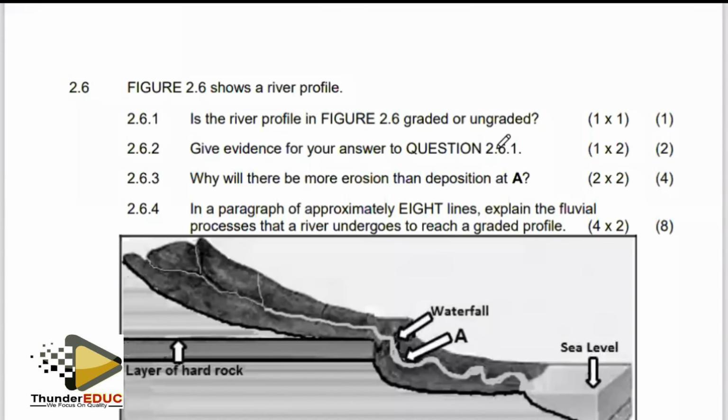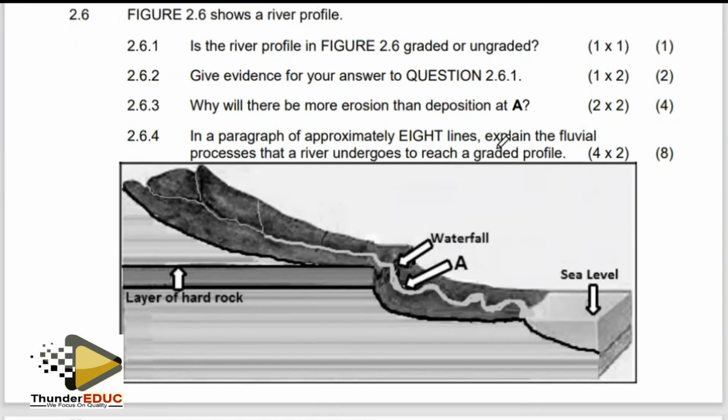So question 2.6 says, figure 2.6 shows a river profile. All right. So 2.6.1, is the river profile in figure 2.6 graded or ungraded? So our answer for this case is going to be ungraded.